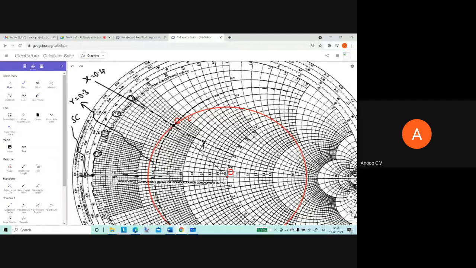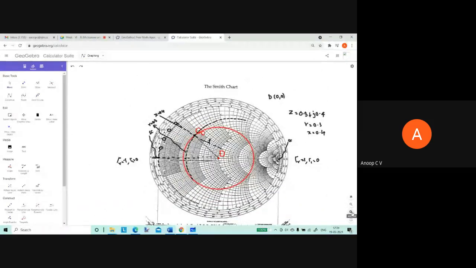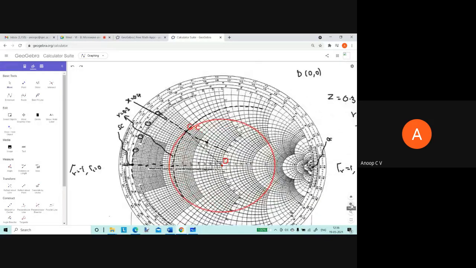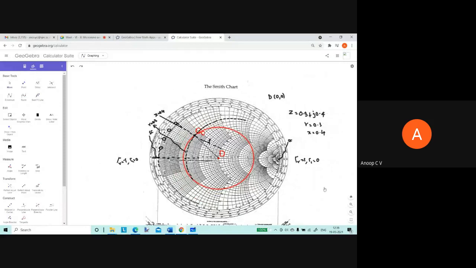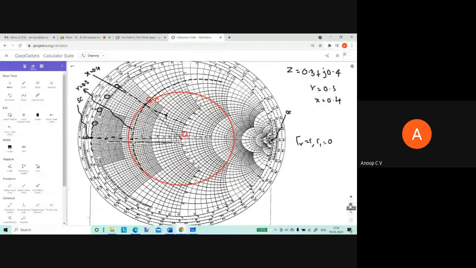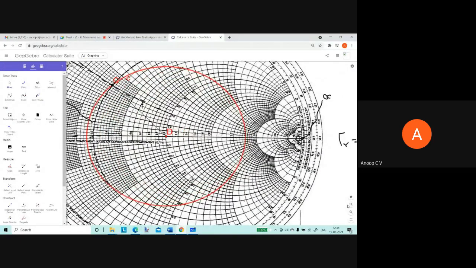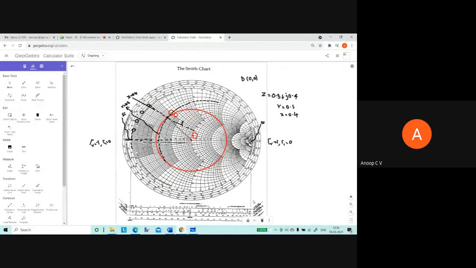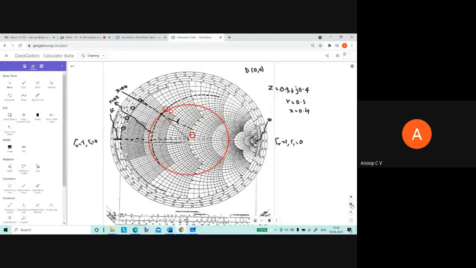Please forgive. It's distorted now, this circle became an ellipse or something, but it's okay, not a problem.